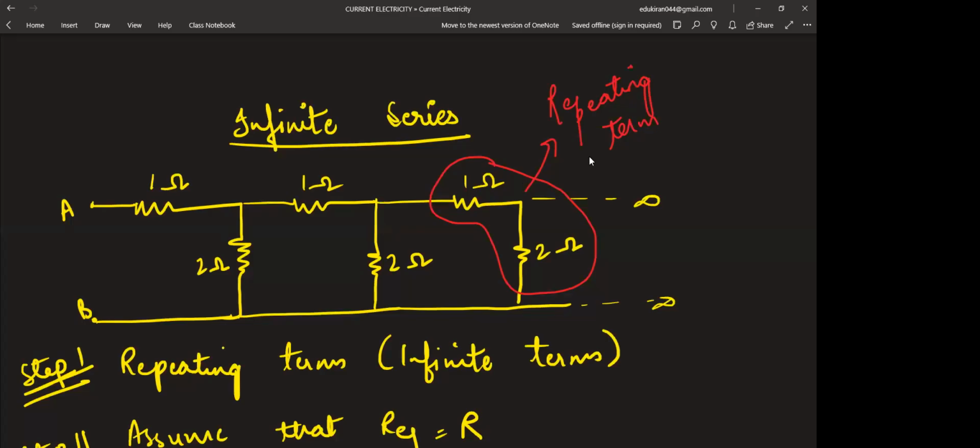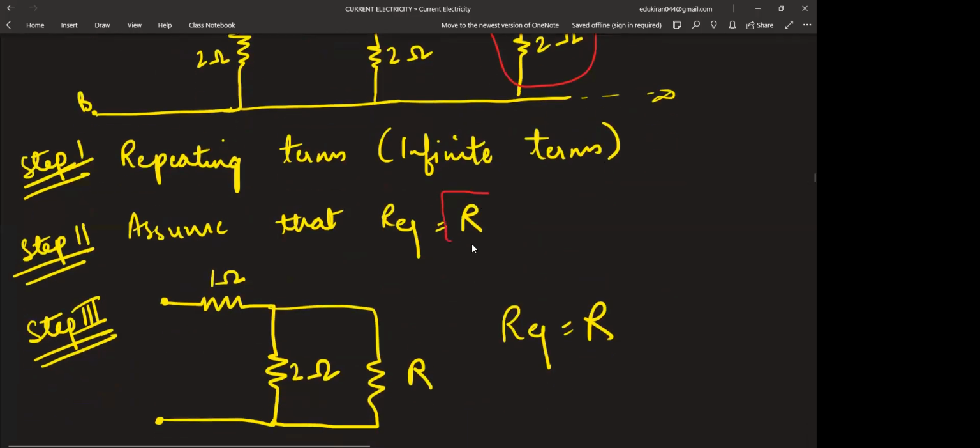Then let's assume that whatever is the final answer of this infinite series, the R equivalent, is R. I'm saying that R equivalent is equal to R. So now you tell me, if in this entire infinite thing I add 1, can you tell me what is infinity plus 1?